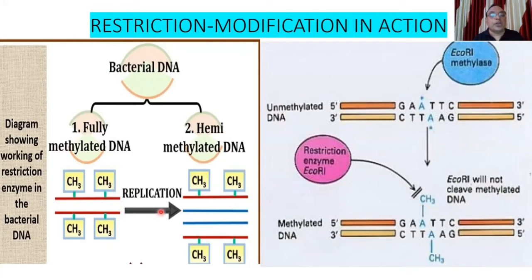But when replication occurs, what will happen? In the semi-conservative replication, out of the 4 strands of the DNA, 2 will be the new strands, whereas 2 will be the older strands. The older strands will have methylation, which was done earlier, but the new strands will have to be methylated. So this will be called the semi-methylated.